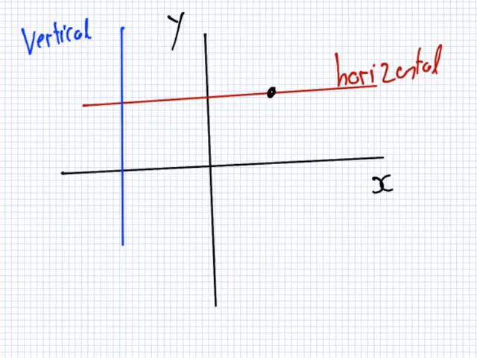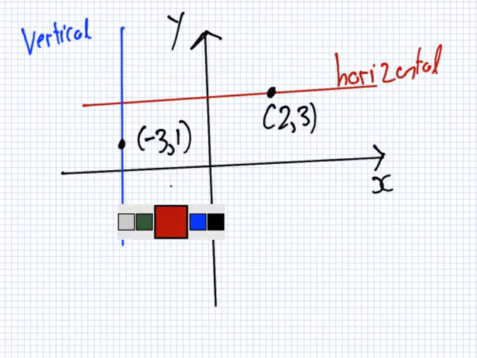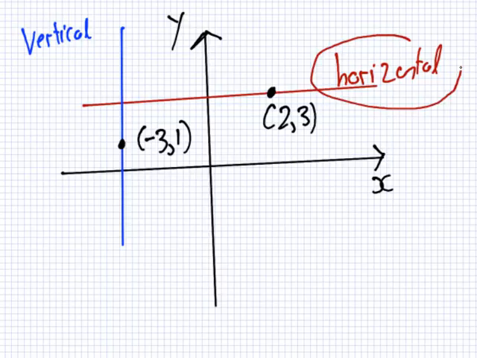Here's a point on the horizontal line, let's say 2, 3. And here's a point on the vertical line, let's say minus 3, 1. Yep. So my question is, what is the equation of the horizontal line? So in red, what is this line? Now I give you a hint. M is 0, yeah.